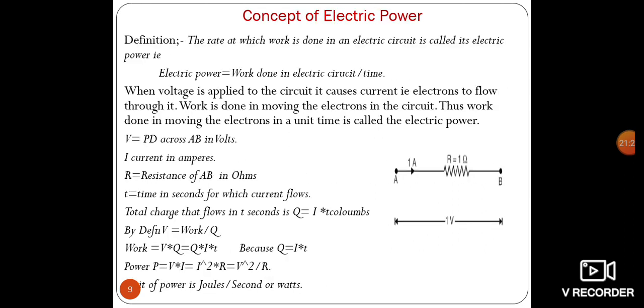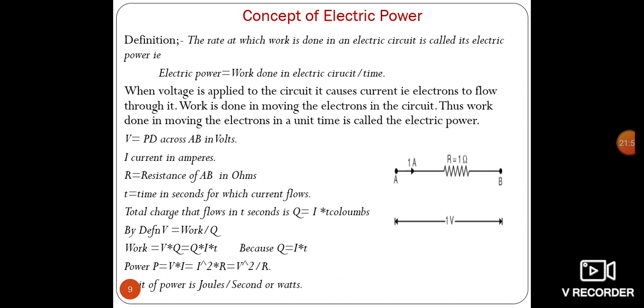So these are the two ways of defining the resistance of the substance. Resistance is nothing but the electric friction offered to the flow of electric current, or it is also called the opposition force for the electric current to flow through the substance. That is called the resistance of the substance.